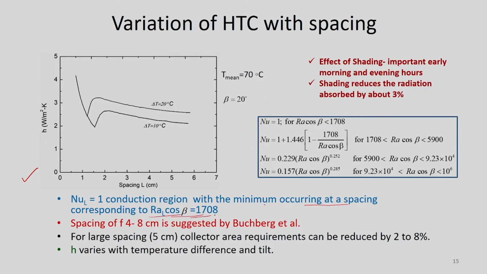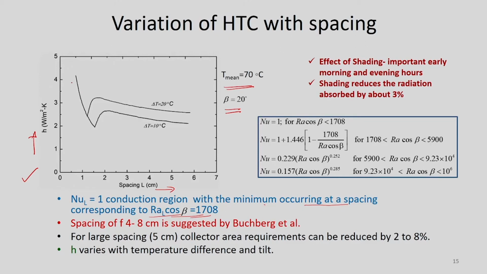What does it mean? So, this figure shows the variation of heat transfer coefficient with spacing between the covers. Okay? And this is an example when T mean was 70 degree C and beta was 20 degree. Okay?